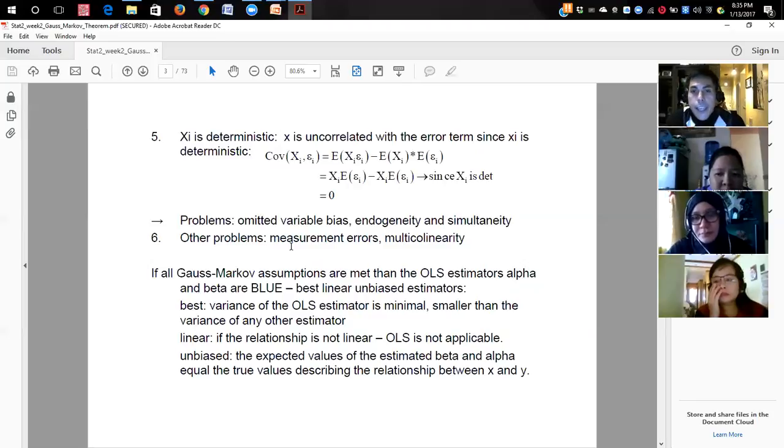So they have very, very strong association with each other. And that's what you call multicollinearity.